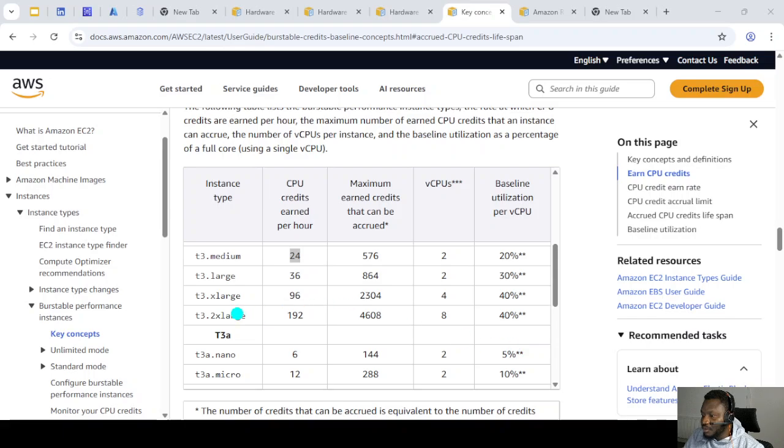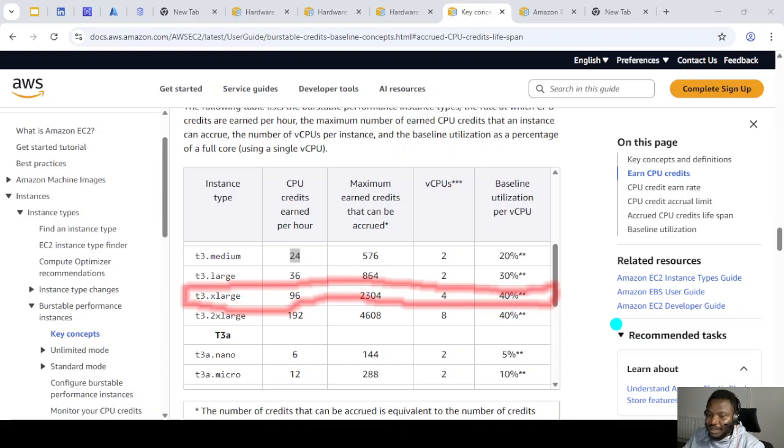And sometimes you may even go for DB T3 2xlarge, so that you always have a high baseline, and you will be able to scale. You earn more credit, and you'll be able to boost your performance without any problem.